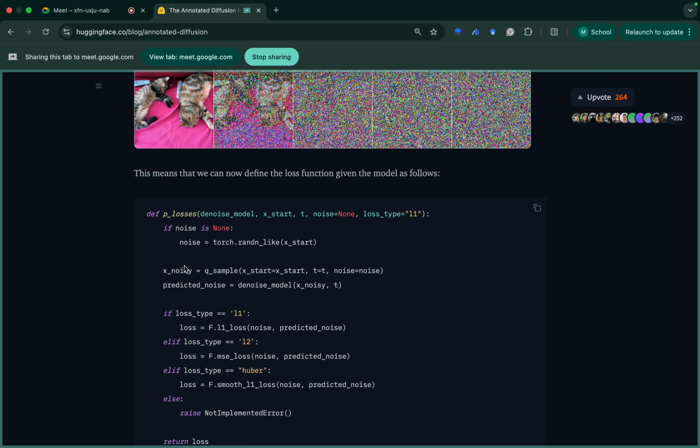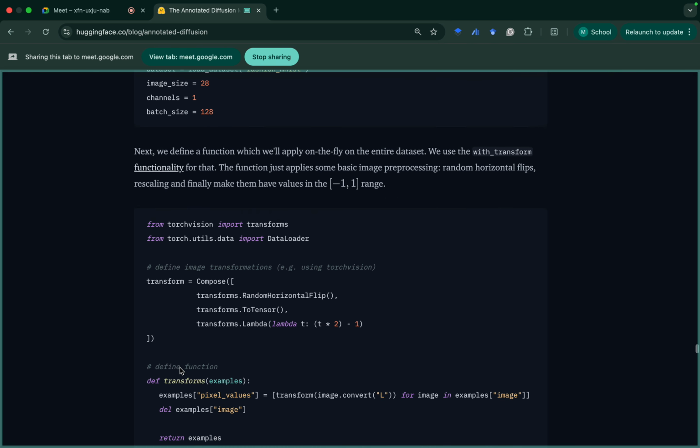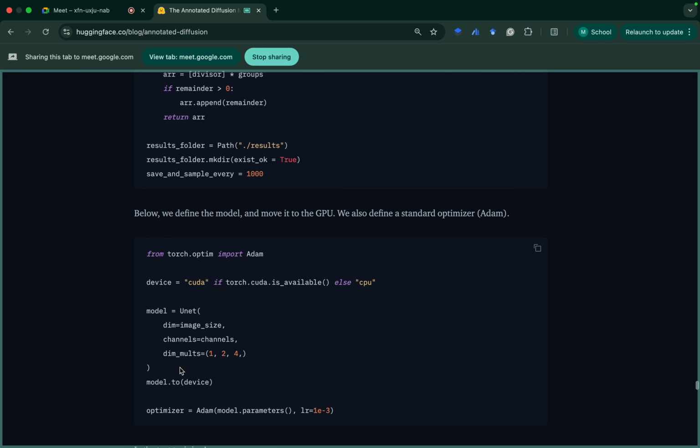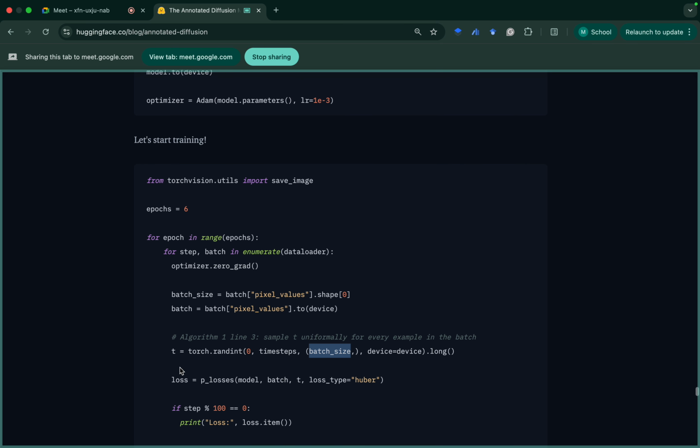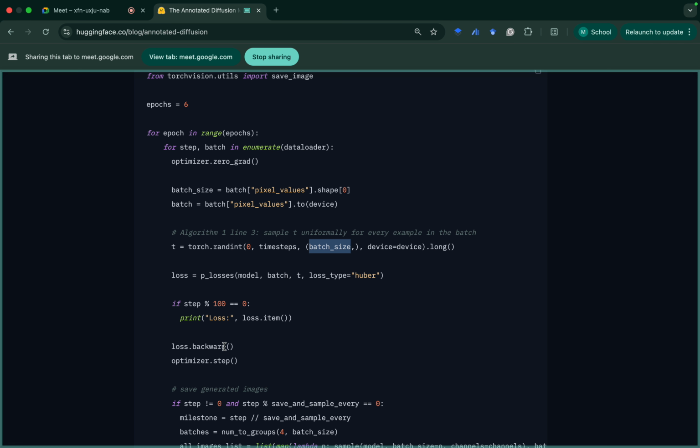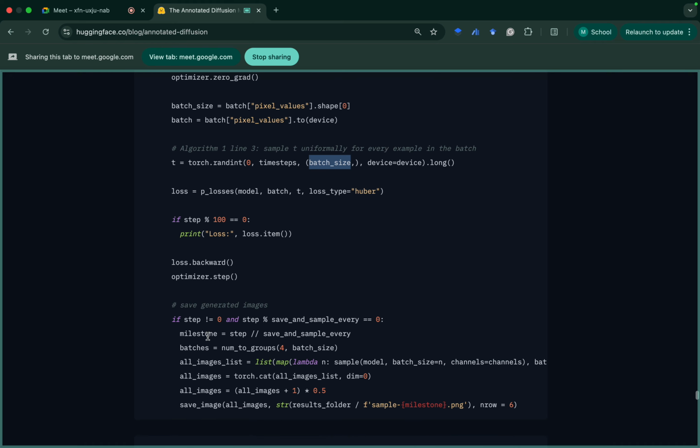You pass it through, get a batch of noisy images, pass it through the U-net, get predicted noises for that whole batch, and then compute a loss. It'll be 100 noisy images, 100 predicted noises, and you get the loss. So you backpropagate through it and update, and basically this is how you learn the U-net.